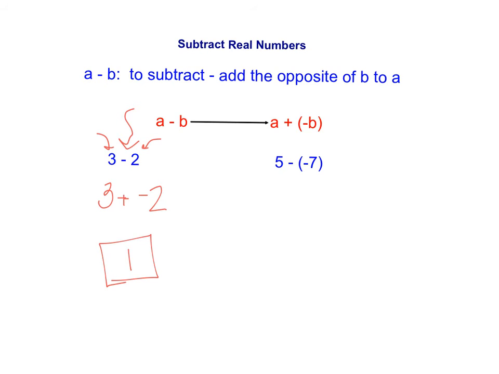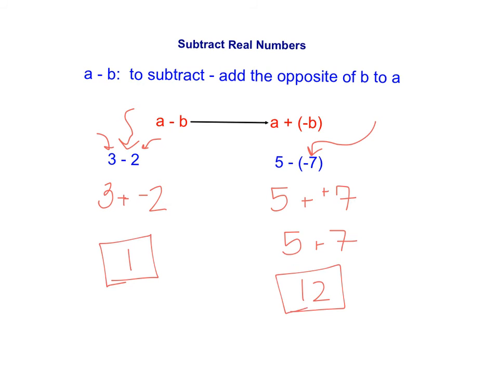And then it's the same thing for 5 minus a -7. We are adding the opposite of -7 to 5. So we can switch this into 5 plus, because the opposite of -7 is a +7, it will be plus a +7, but that looks kind of silly with two plus signs, so it can simply be written as 5 plus 7, which is 12.